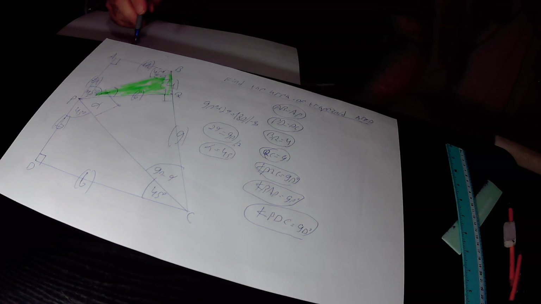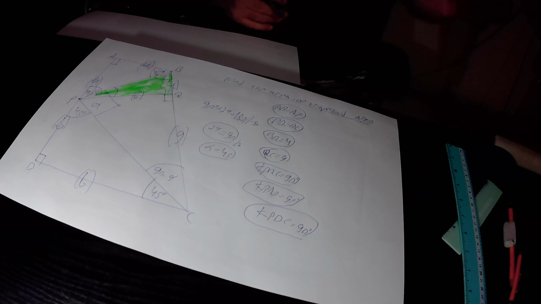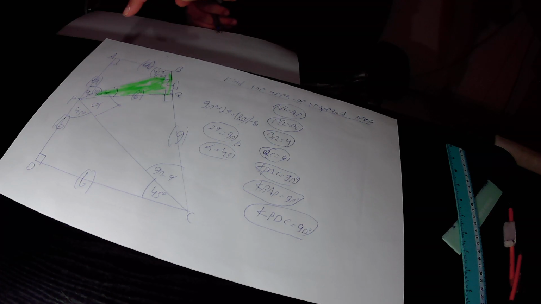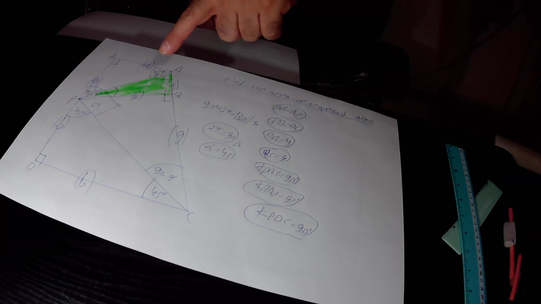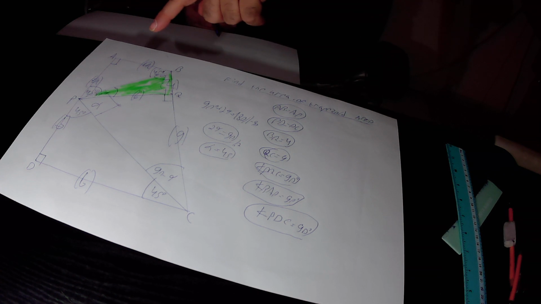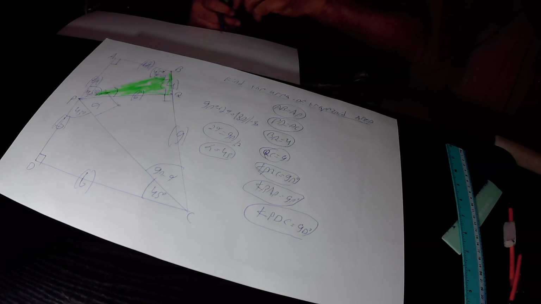The base is A, the height is also A, so it is A times A over 2, which is A squared over 2. And that's the area of the first component. The second component is the big triangle PBC, so it is plus the area of the big triangle PBC.